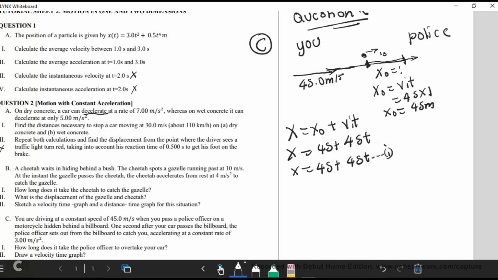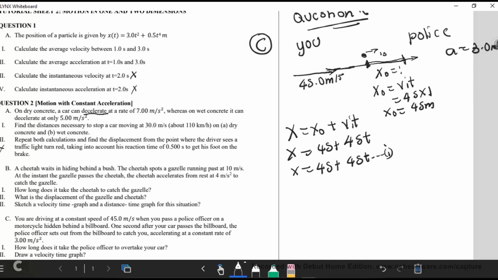Then equation 2 for the police officer. The police officer started from the rest. They started at a constant rate of what? That means 3.0 meters per second squared. So for the police officer, the acceleration is 3, like this, right?